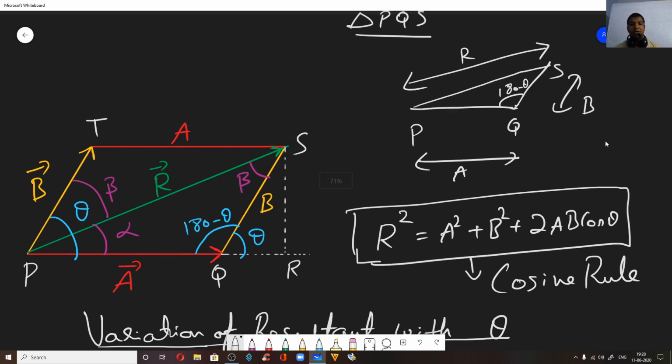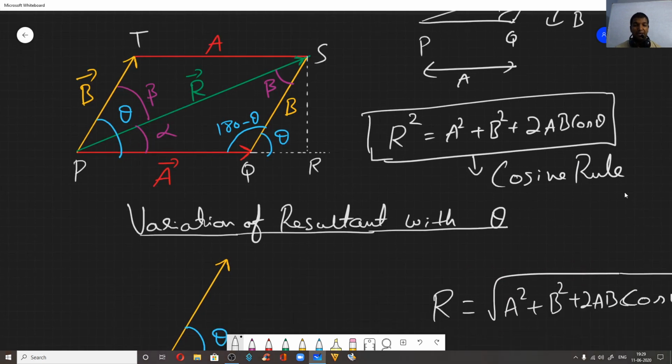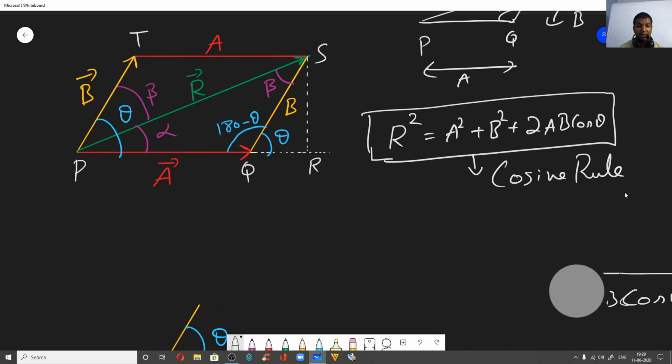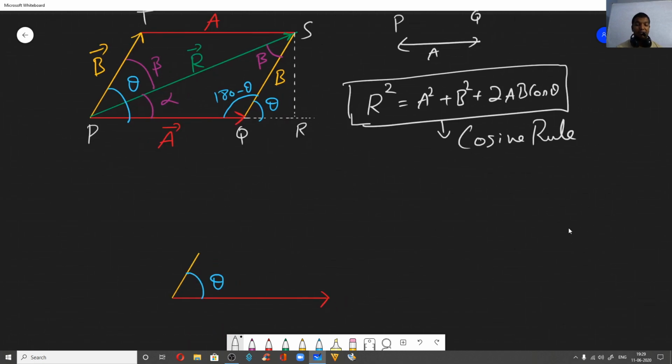If you have the 11th standard NCERT textbook, just go to the appendix and you will see this cosine rule there. In your trigonometry you will study this under properties of triangles. Now let us see what is the sine rule.